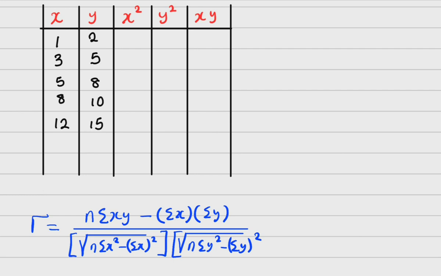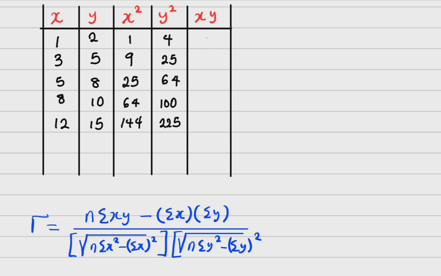Like I showed you from the formula, this is going to be 1, 9, 25, 64, and 144. Now y squared is 4, 25, 64, 100, and 225. Then the last column is x times y.